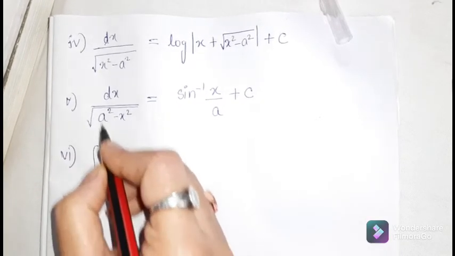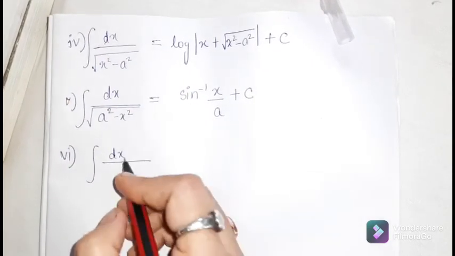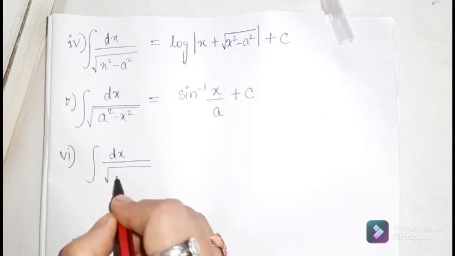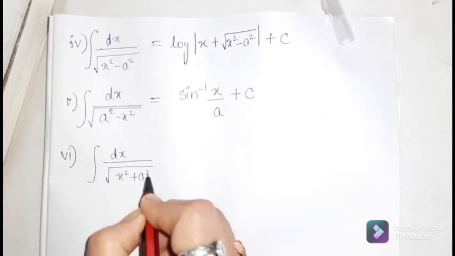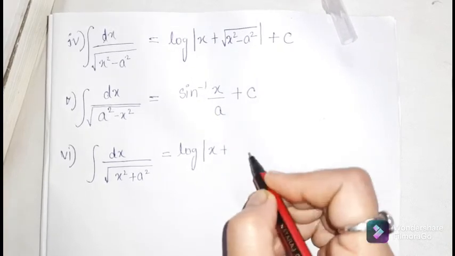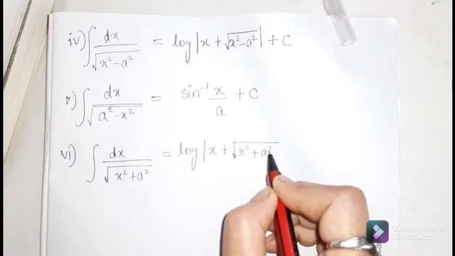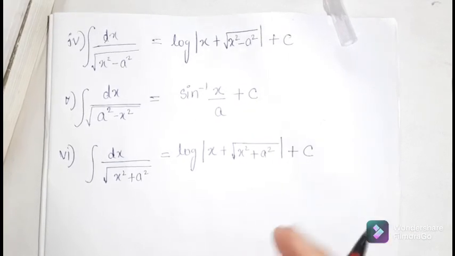Then integration of dx by root over x square plus a square equals to log of x plus root over x square plus a square plus c.